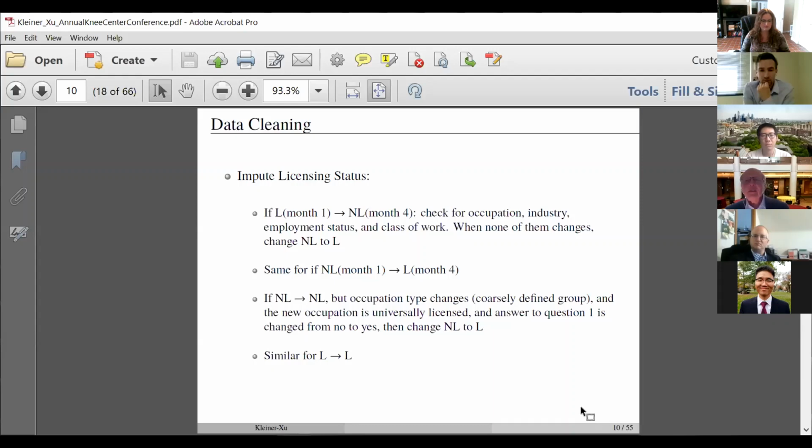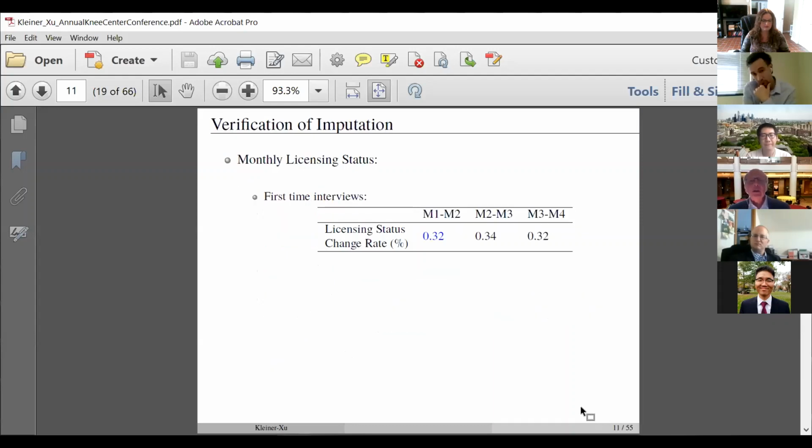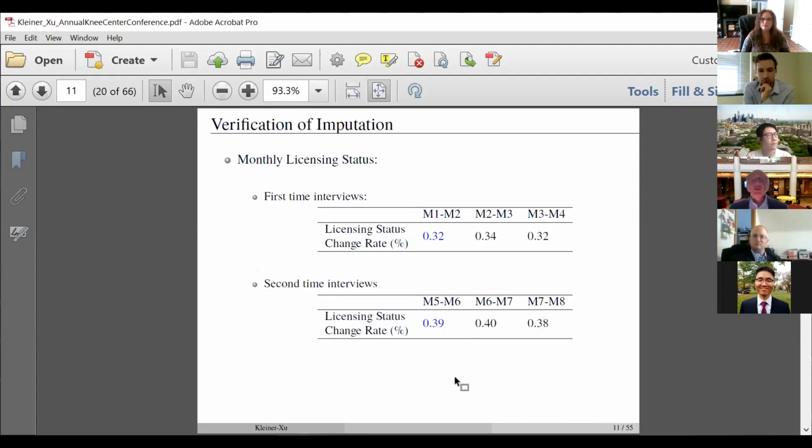So given that, what we did was to impute whether individuals were licensed in months 1 to 2, 2 to 3, and 3 to 4. And when we imputed the numbers, they seem much more consistent with month 1. For the second time interviewees, we did the same thing. And when we imputed the results, we found the results were much more consistent.